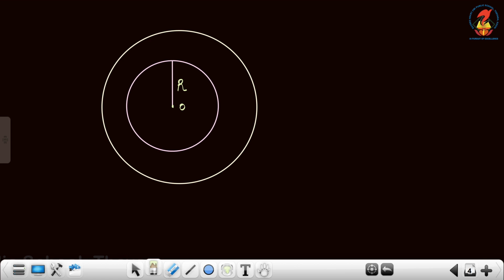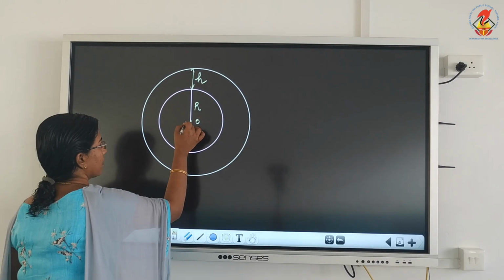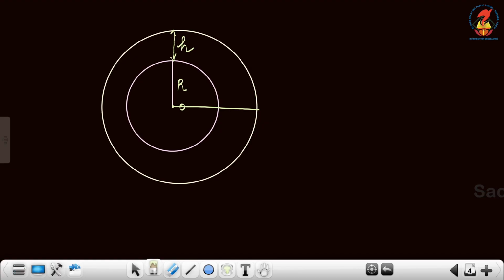Now I wish to launch a satellite at a height h from the surface of the earth, which means the orbital radius of the satellite will be r plus h.